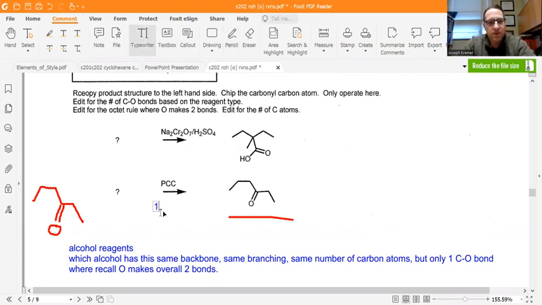It's the world famous one-step reagent. It takes whatever you have and increases the number of carbon oxygen bonds by 1. This is 2 carbon oxygen bonds, therefore I have to adopt this so this now has 1 carbon oxygen bond. That's the challenge. How can you rewrite that structure so that it has 1 carbon oxygen bond? And then edit for octet rule.